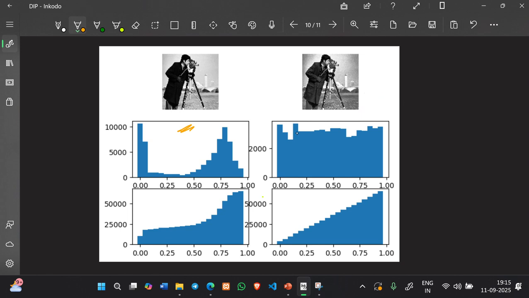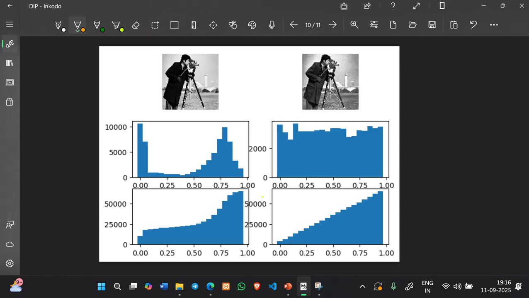So this is about today's video. In this, we have learned how human vision adapts to a wide brightness range, which is brightness adaptation, and how the human eye detects small differences better in the mid-range, which is brightness discrimination. Image processing techniques often mimic these properties for better results.